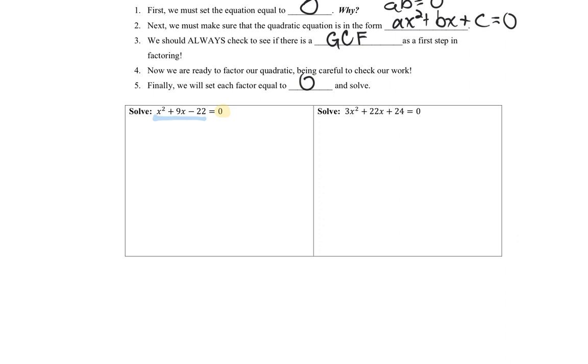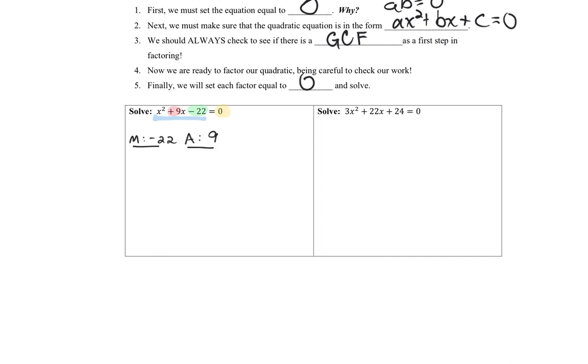Our task is to come up with two numbers that multiply to give us negative 22, and add to give us positive 9. So we're working backwards, right?